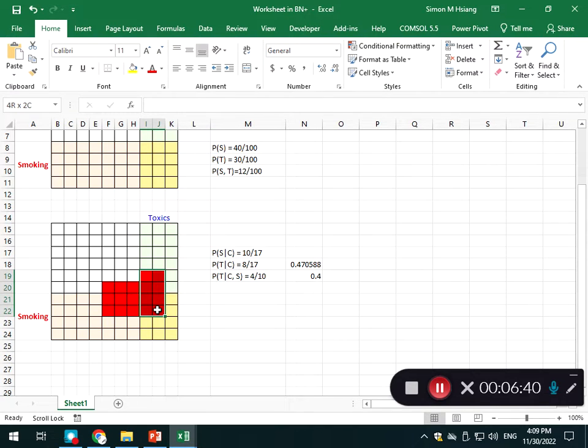So that's 8 over 17, right? So what's the next one? If I ask someone who has cancer and is also smoking, who has cancer and also smoking is this many. But given that C and S are in a toxic environment is 4 out of 10. Follow me?